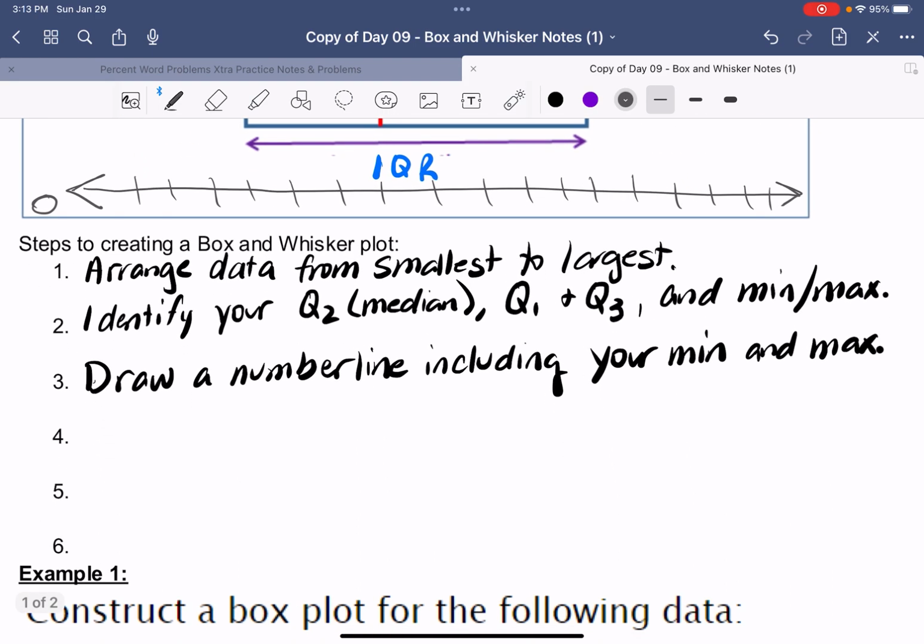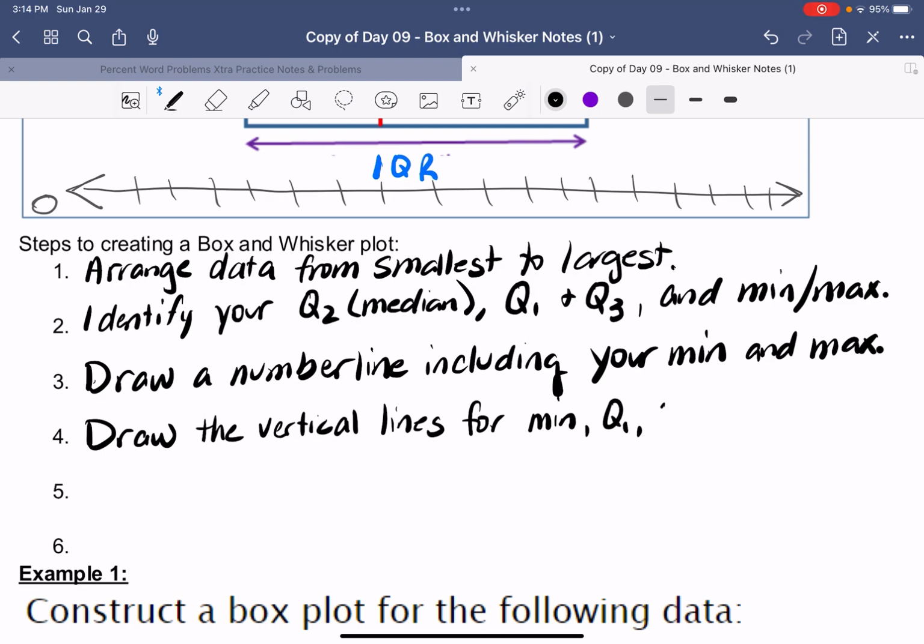Step number 4 is then going to be to draw the vertical lines for the min, Q1, Q2, Q3, and your max, okay?